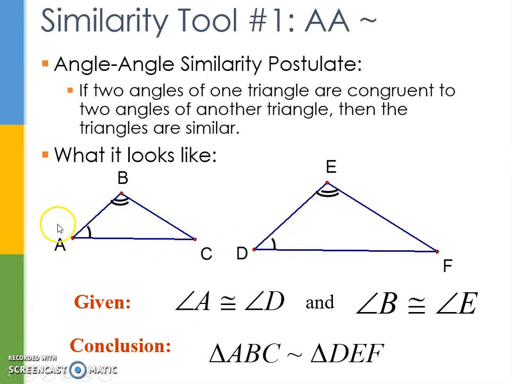So if 2 out of the 3 are congruent to each other, that's why it's AA, angle-angle, then you can conclude that these 2 triangles are similar. Same shape, different size. This is called the angle-angle similarity postulate that we need to know.